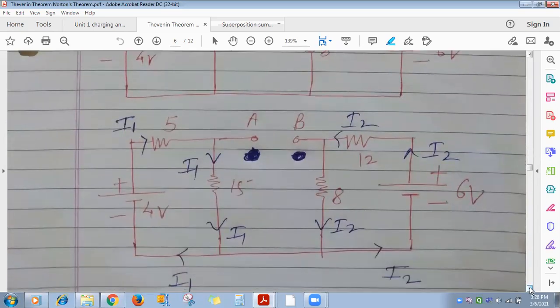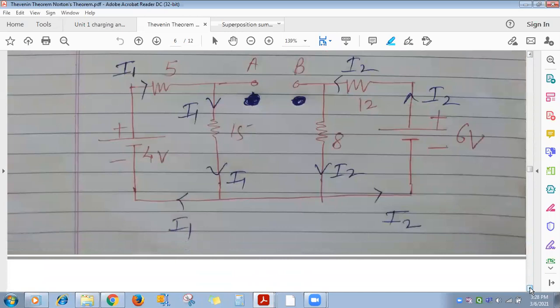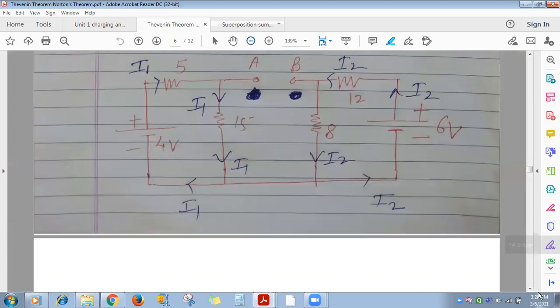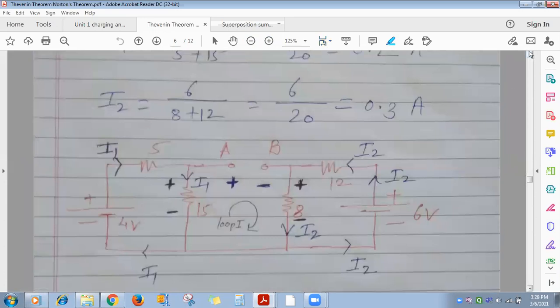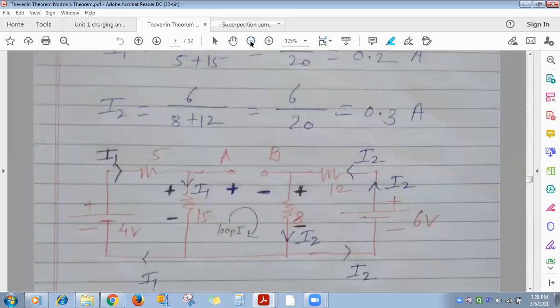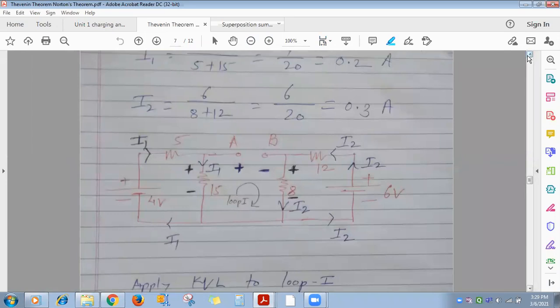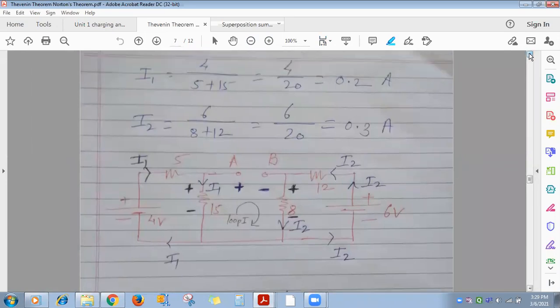See here, I have plotted I1 and I2 like this, it will flow. See on screen the values of I1, I2.